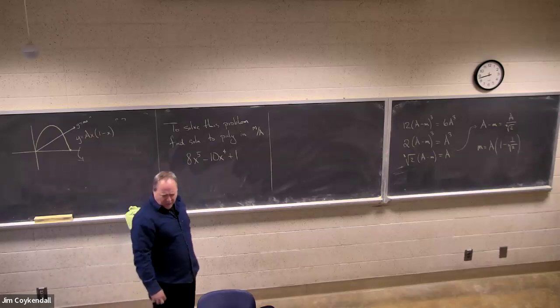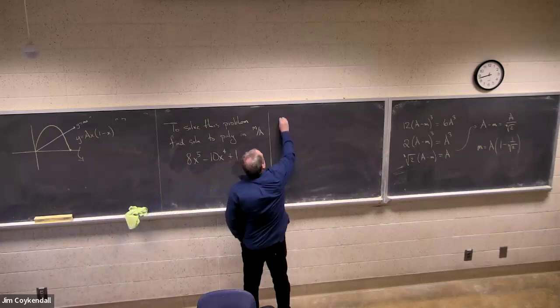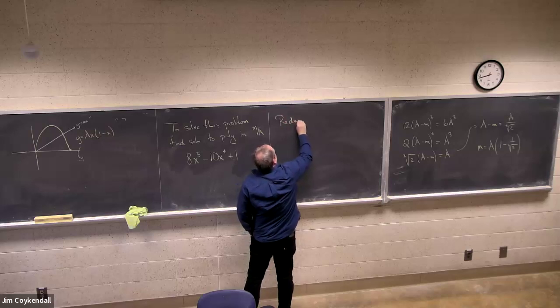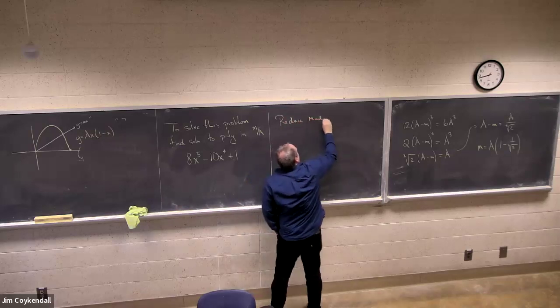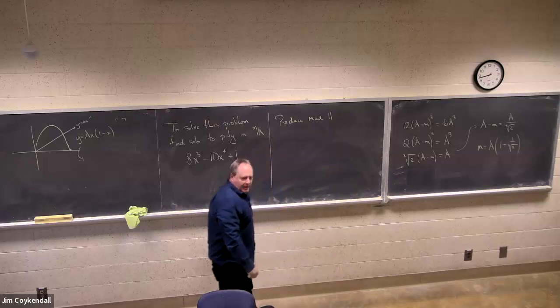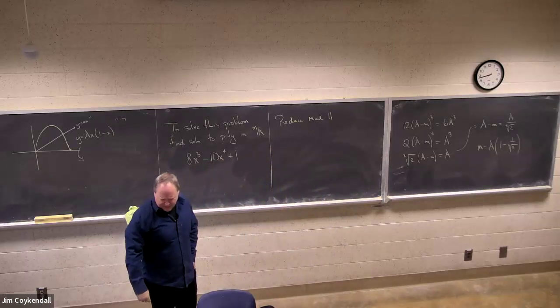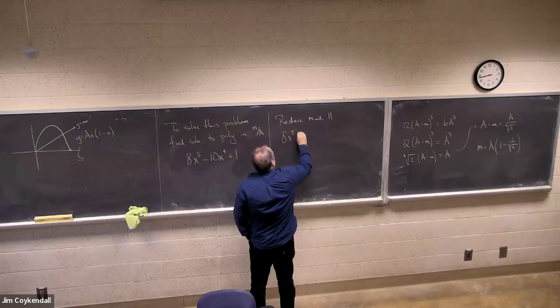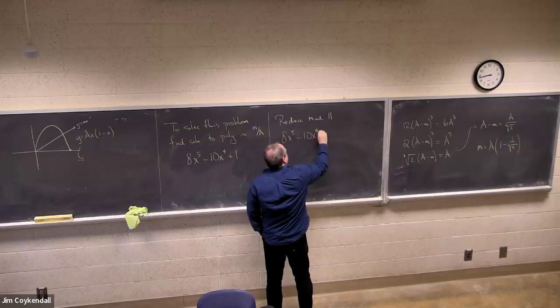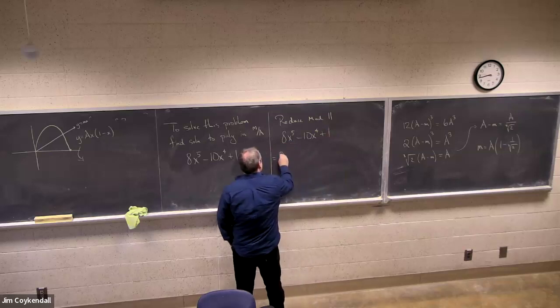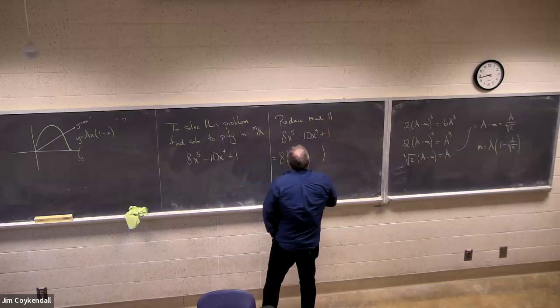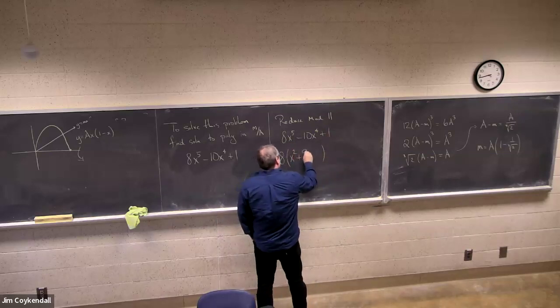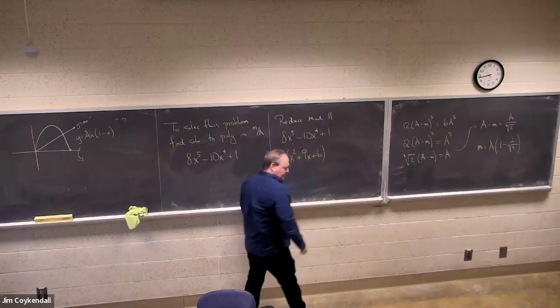So I reduced this mod 11. Sitting and playing around, I reduced this mod 11 and I got the following factorization. Six. That's right.